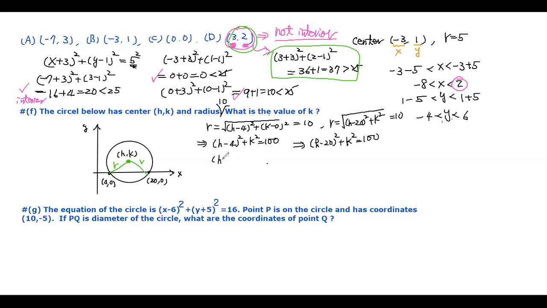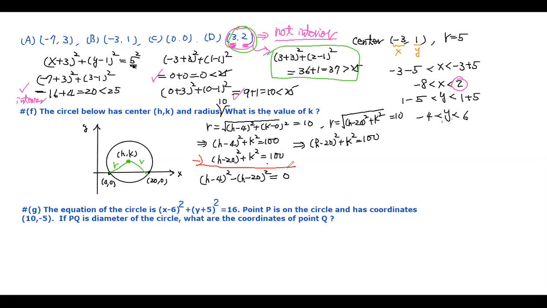So if you put these two equations together, I'm going to solve these two equations, right? What I can do here, like we did before, is subtract these two equations. So when you subtract these two, you will get h minus 4 squared minus h minus 20 squared is equal to 0, right?